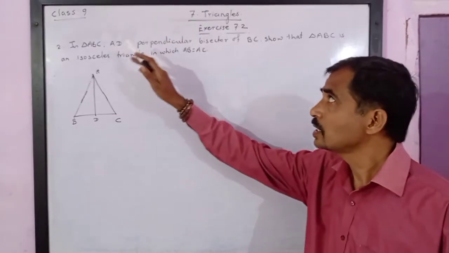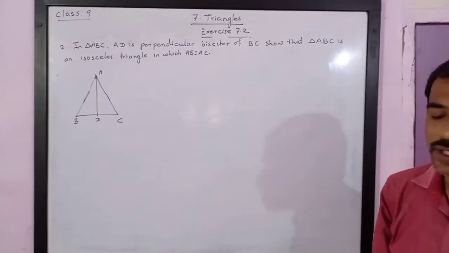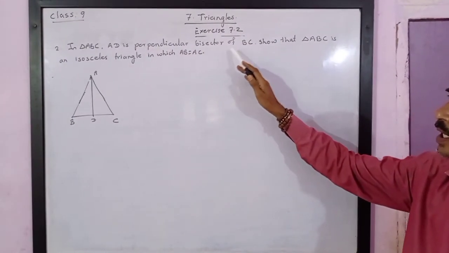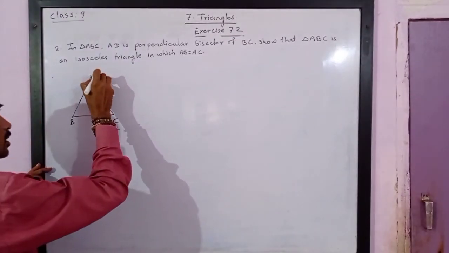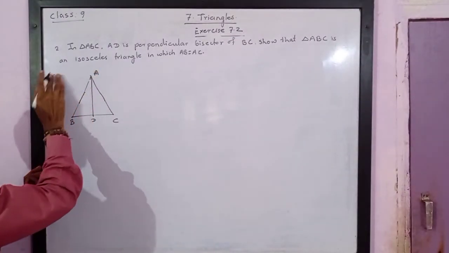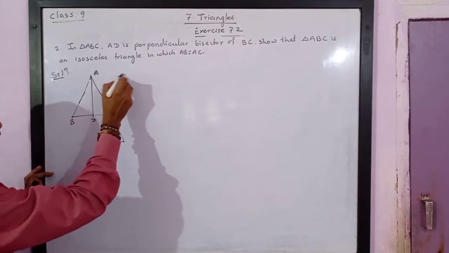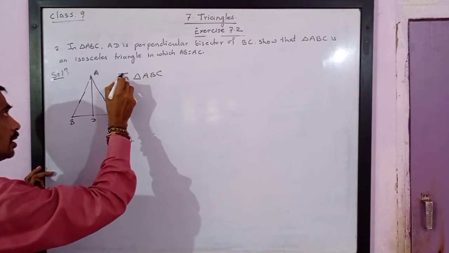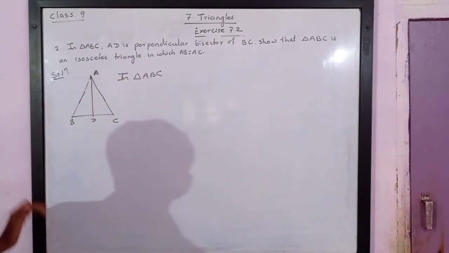Dear friends, in class 9 we have chapter 7, triangles, and in exercise 7.2 we have the second question. In triangle ABC, AD is perpendicular bisector of BC. Please note, in triangle ABC, we are given AD is perpendicular bisector.